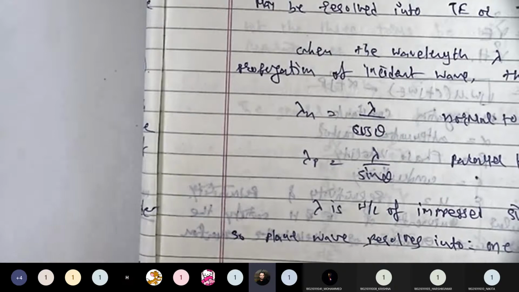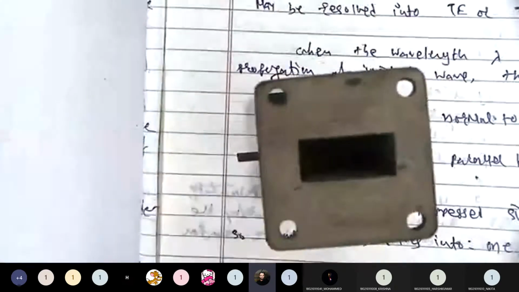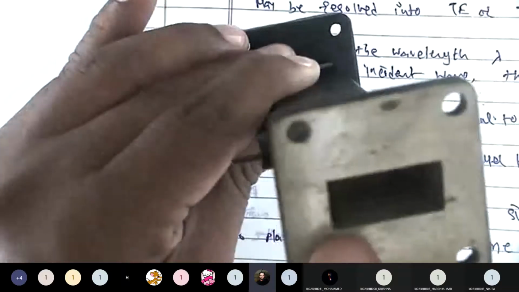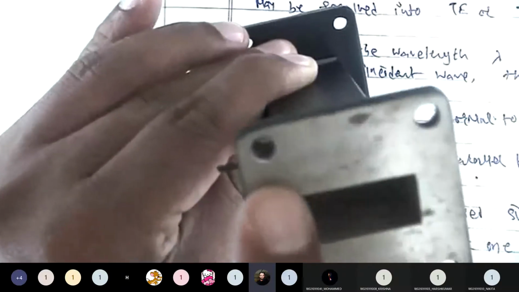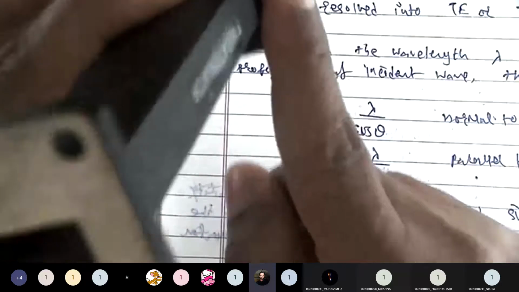For that, let me first show you the actual waveguide. Here you can see, as in our previous class, this rectangular waveguide, which has a broader side, and this one is your narrow side, and you consider this axis as the propagating direction.